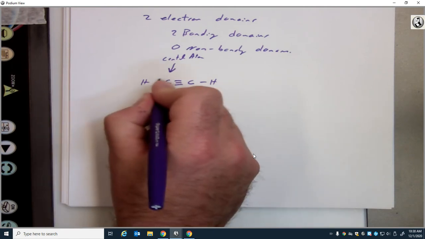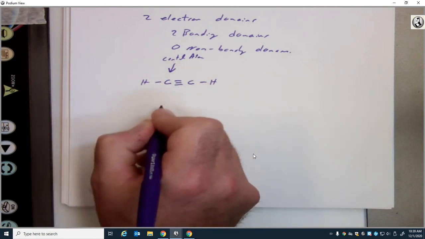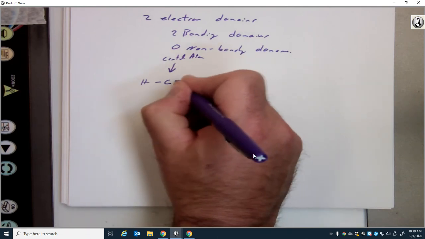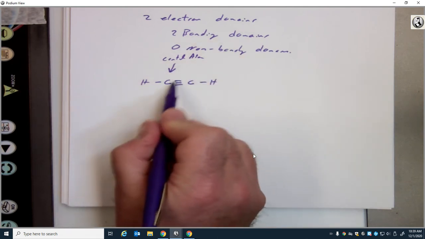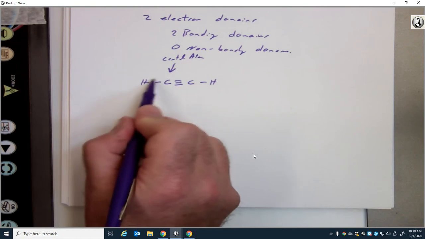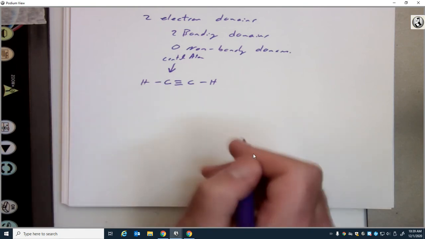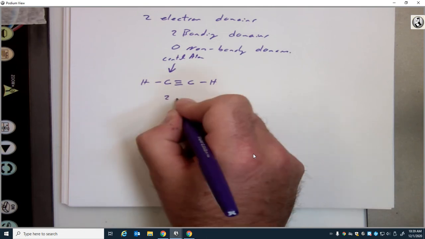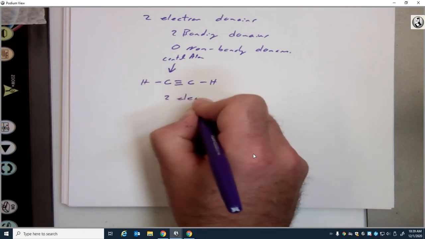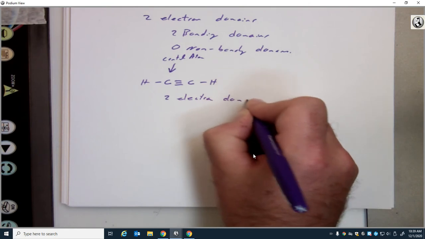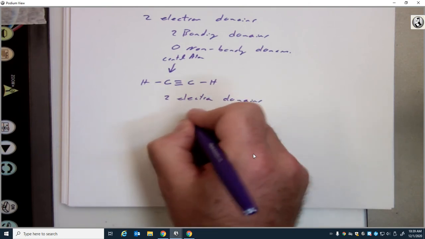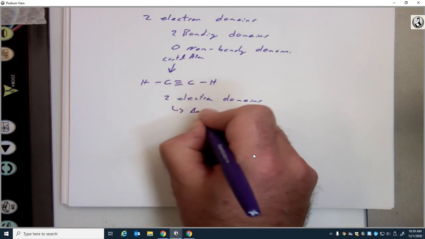This is also considered to be one bonding domain. Even though this is a single and this is a triple, this is one area of space where we're going to find bonded electrons. And this is one area of space where we're going to find bonded electrons. Right? So this also has two electron domains, and both of them would be bonding domains.